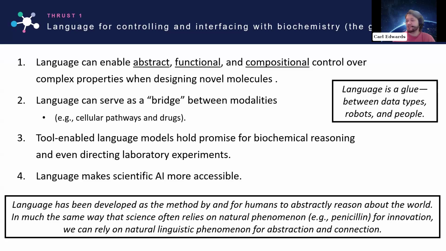But we've already created this natural linguistic phenomenon for abstraction and connection, and we have a lot of data for it. So we can use that to help us interface in a new way with biochemistry.